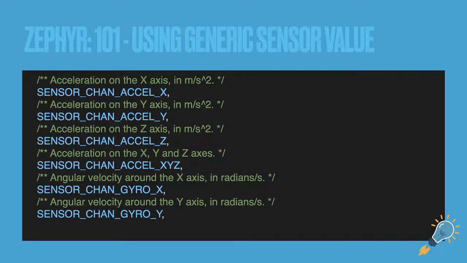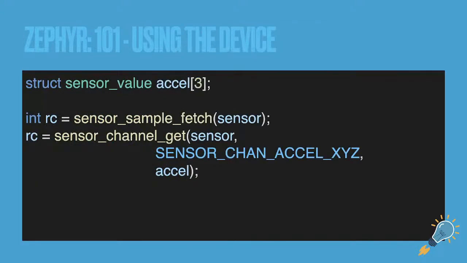So what you're doing is sending an enum to that sensor API, and on the other end, it checks that the channel you're trying to fetch from is compatible. If it's not compatible, it will return an error. But in this case, we're accessing a channel that we know will work, which is the XYZ accelerometer channel.